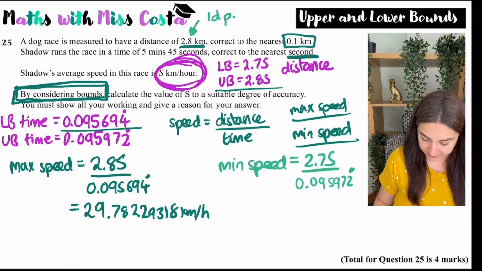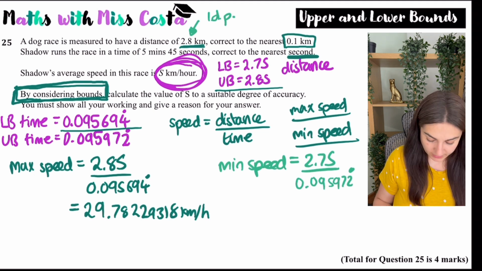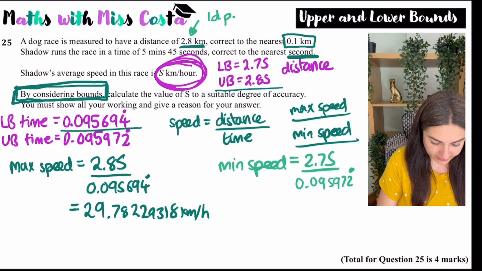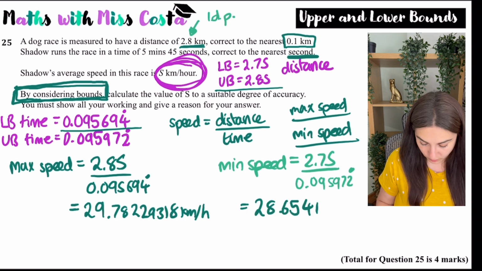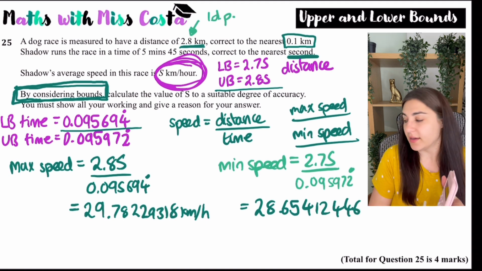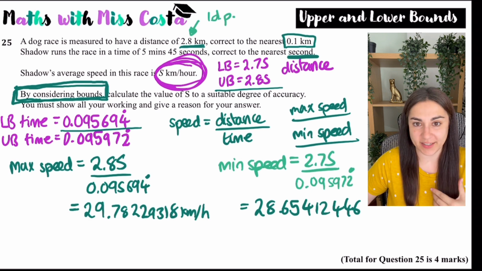Let's just type that into the calculator. 2.75 divided by 0.095972 recurring, and that is 28.65412446. So this is the fastest way to do it, using those two.